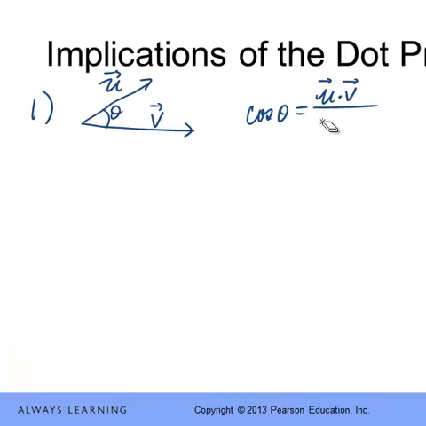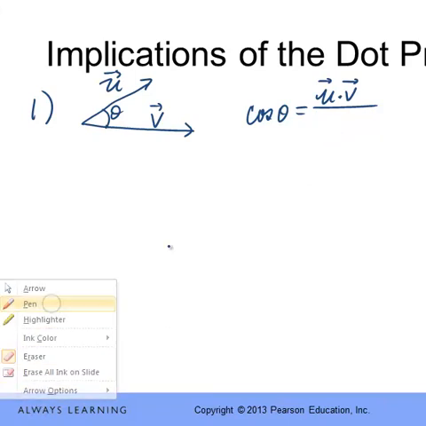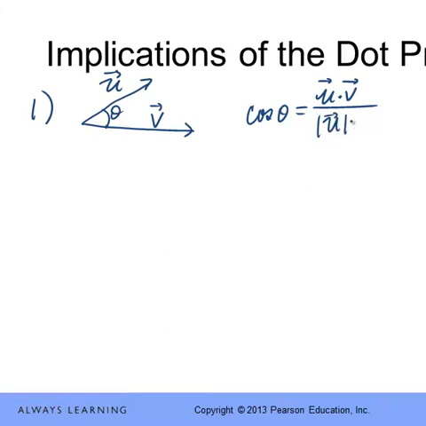Here I'm trying to keep my notation consistent. So if you want to find the angle between two vectors, you can use this formula.